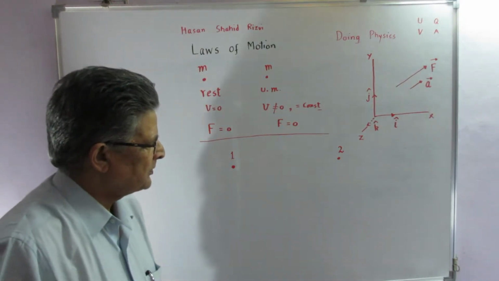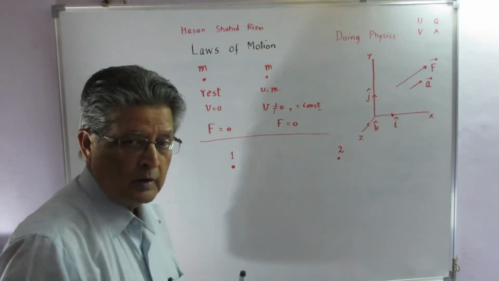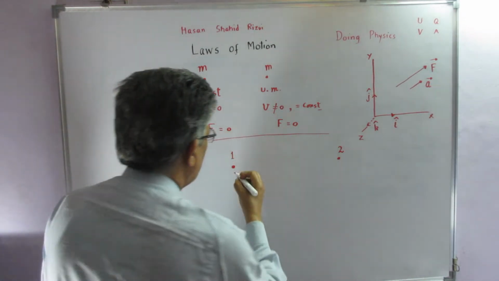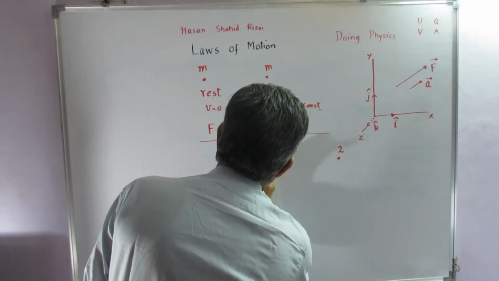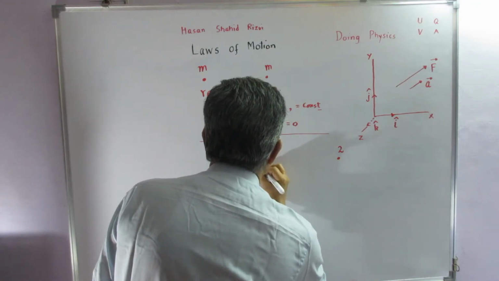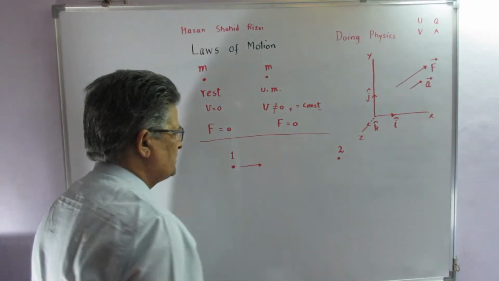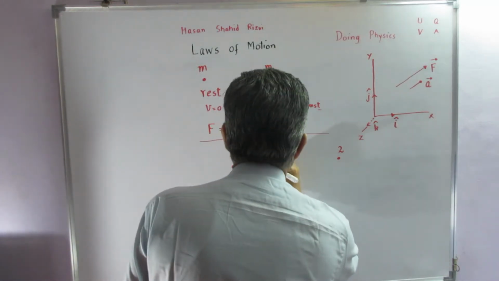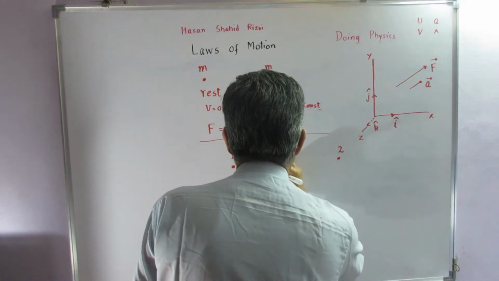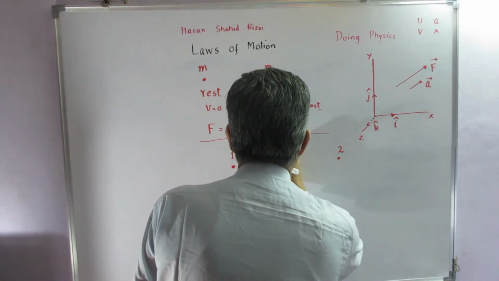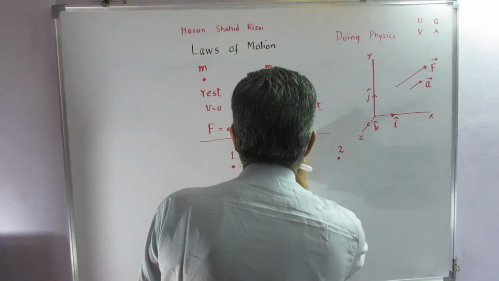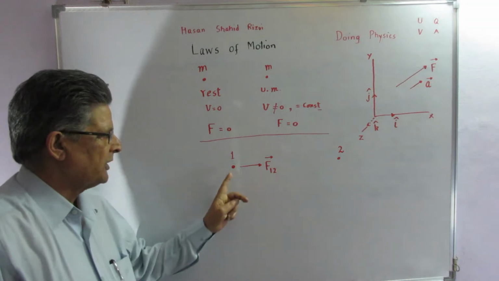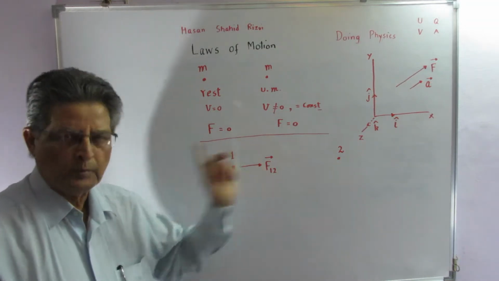If you hold the two bodies, and there is a force in the line joining the two bodies, and we call this force F12, I am conversant with F12, and I read it as follows: force on body 1 due to body 2.